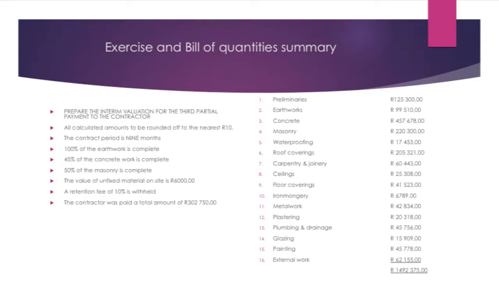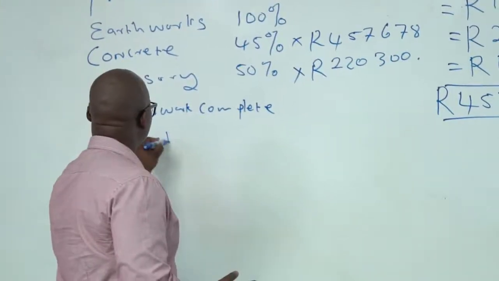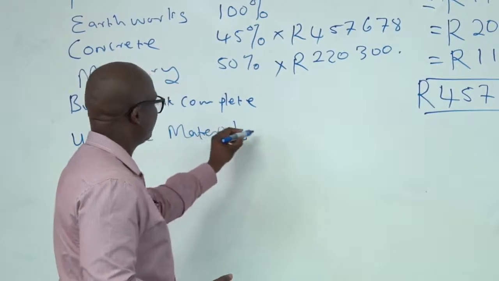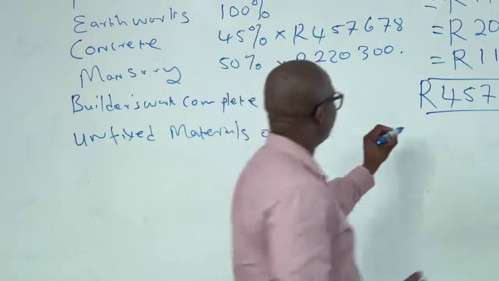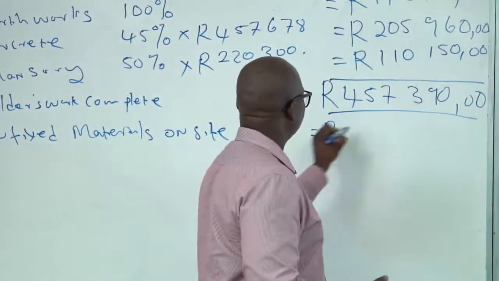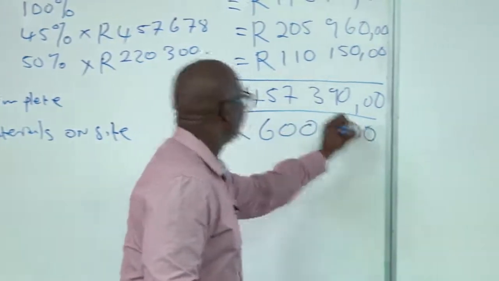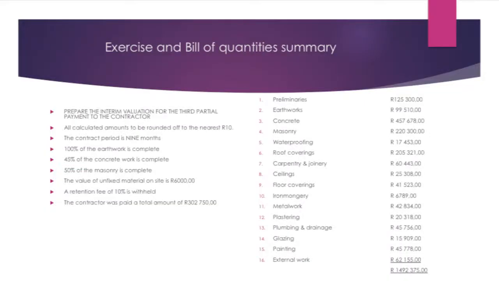So you will indicate that unfixed materials on site is equal to 6,000 rand.